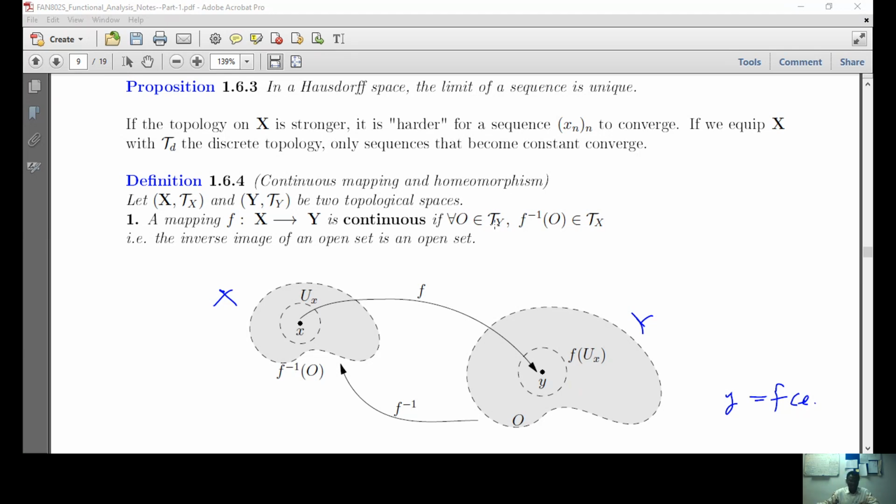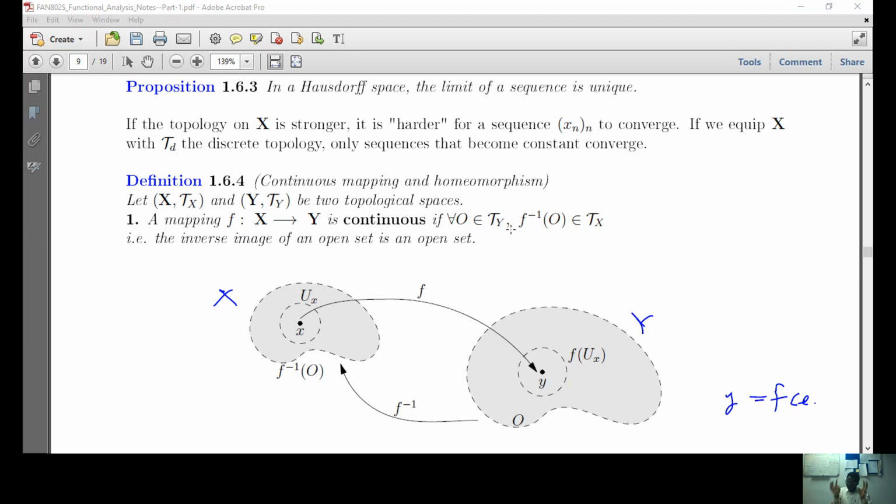So for any O in T_Y, the target topology, the pre-image of O is in the source topology. So that is continuity.